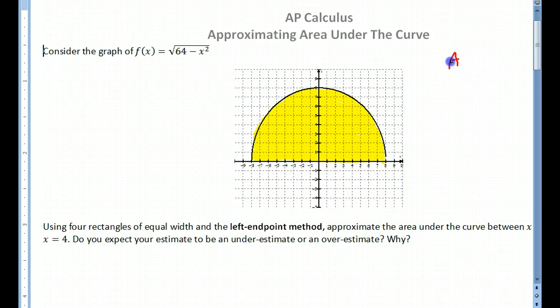So the area of a circle is pi r squared, so the area of this circle would be pi, radius is 8 squared, so the answer would be 64 pi, which is the exact answer.